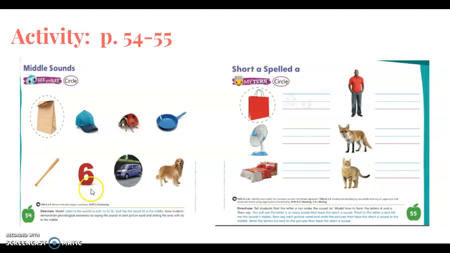We have the picture 6, ix. Van, v-a-n. And dog, d-o-g. Circle the picture that has the same middle sound as b-a-g.